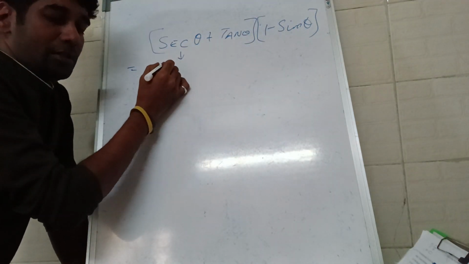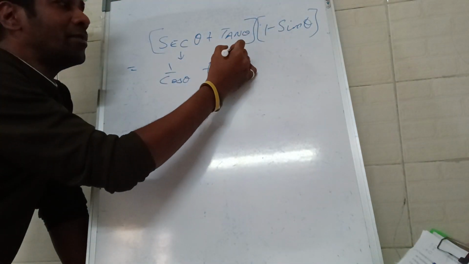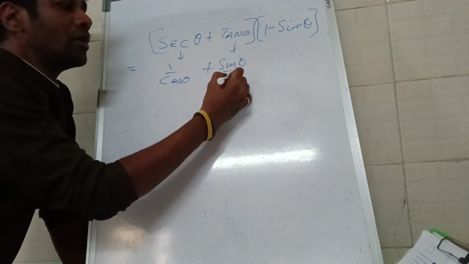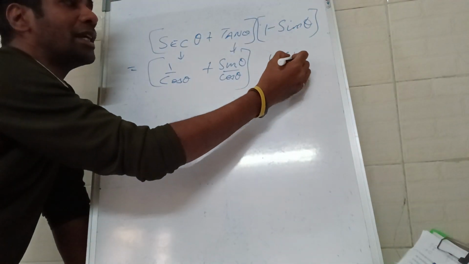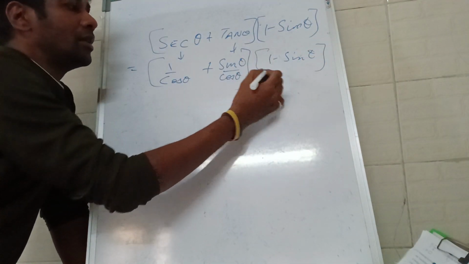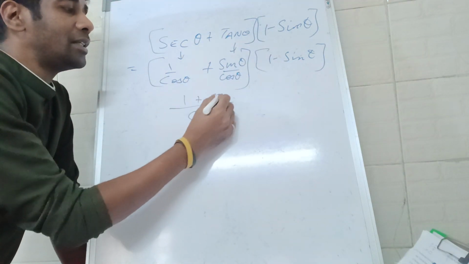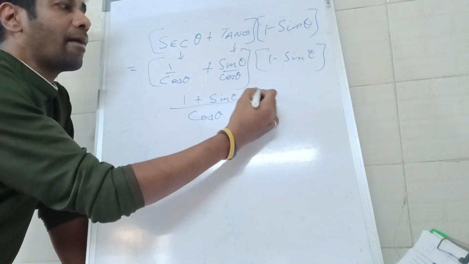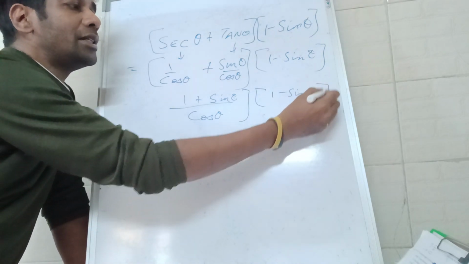Sec theta means 1 upon cos theta plus tan theta means sin theta upon cos theta. Here I'll get 1 minus sin theta as it is. Taking the LCM here, I'll get cos theta, 1 plus sin theta into 1 minus sin theta.